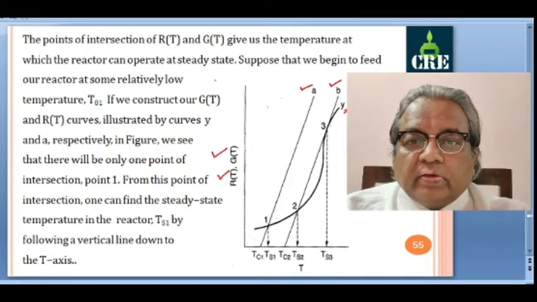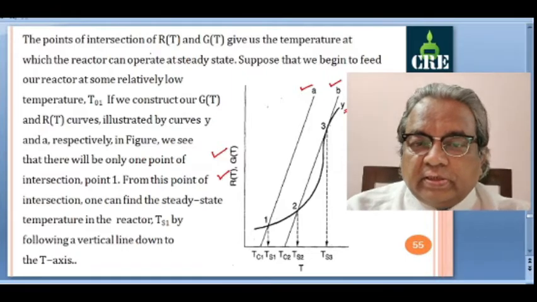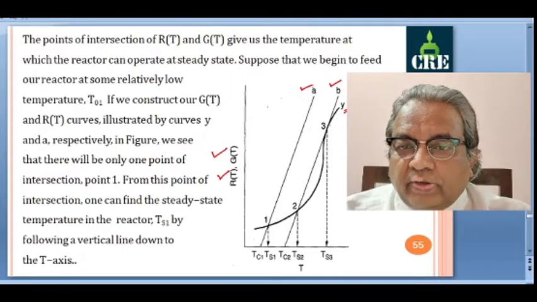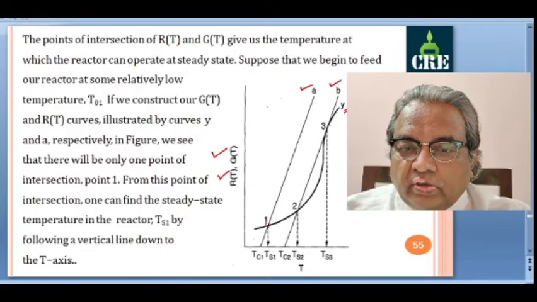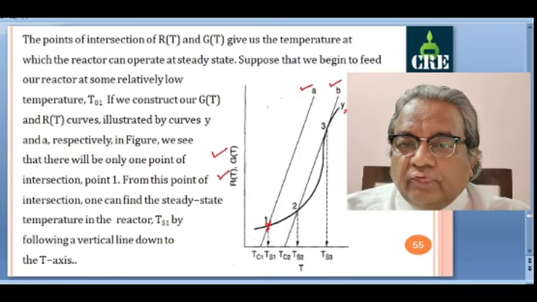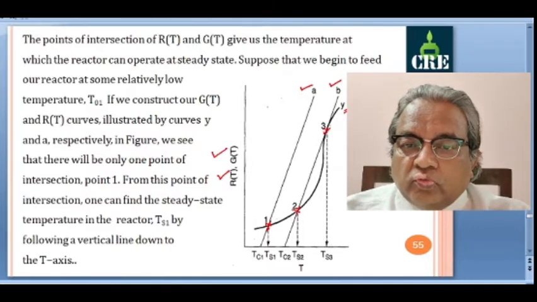Let us discuss and see. With removal curve A, you can see there is only one point of intersection here. With removal term B, we have here 1 and 2 points of intersection.